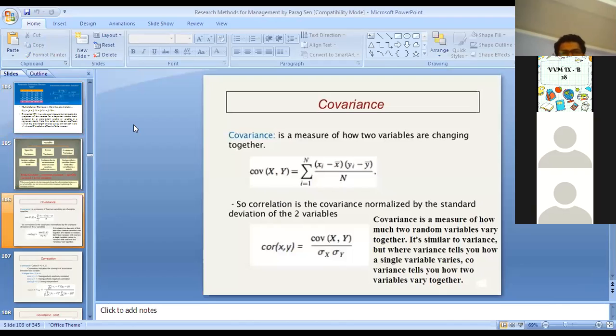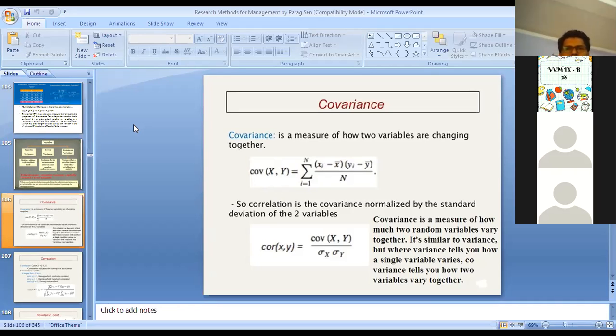So there are 4 terminologies that you will find whenever you are dealing with regression. One is covariance, another is correlation, which is denoted by R, or it is also termed as correlation coefficient.